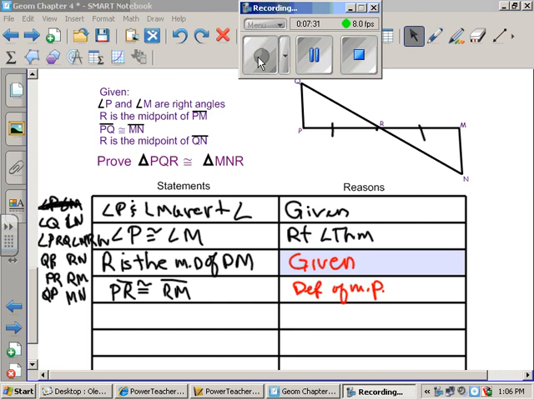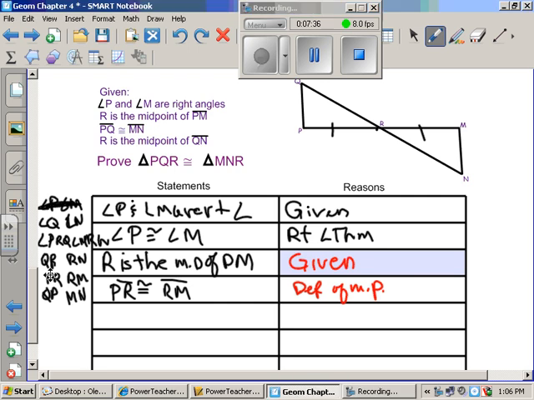Okay, the next one says, so I've got PR and RM, so I can cross that one off. The next one says PQ is congruent to MN. That's a freebie. That's a given because that is one of my answers.